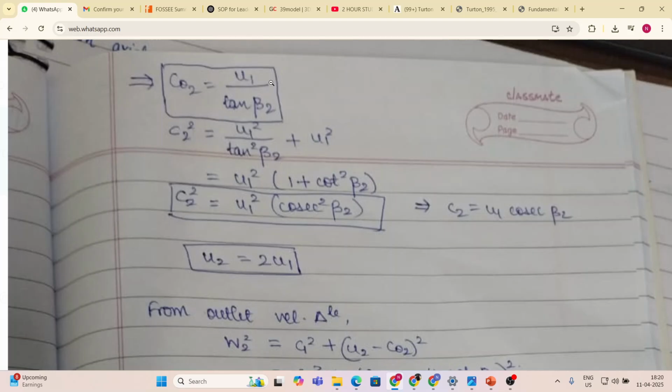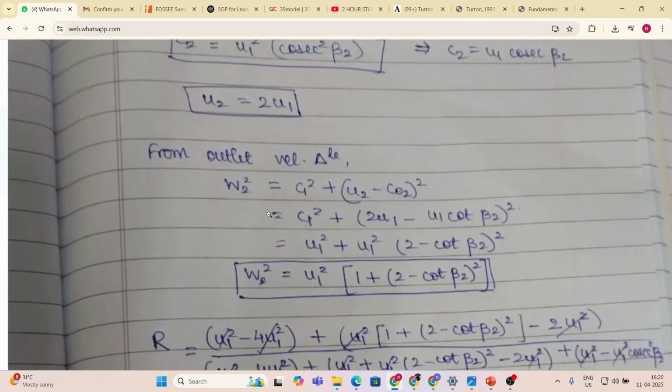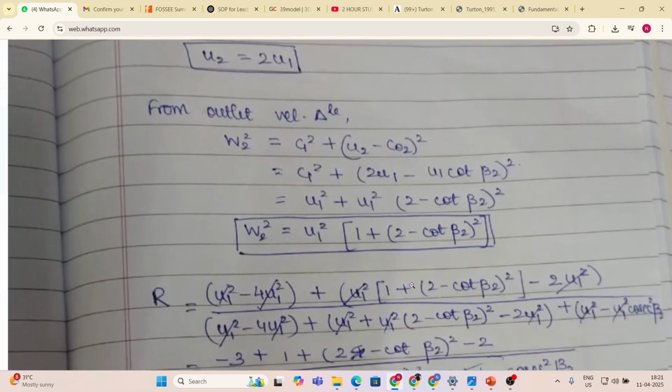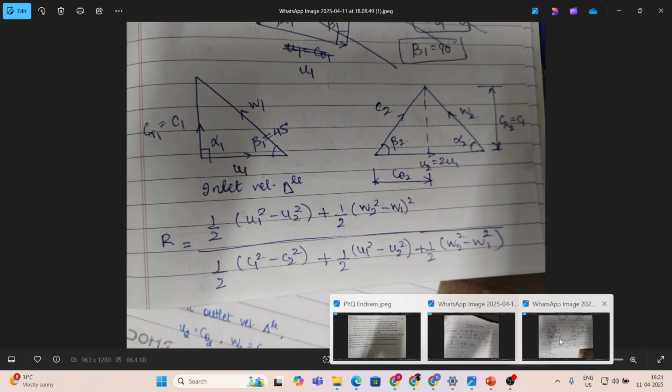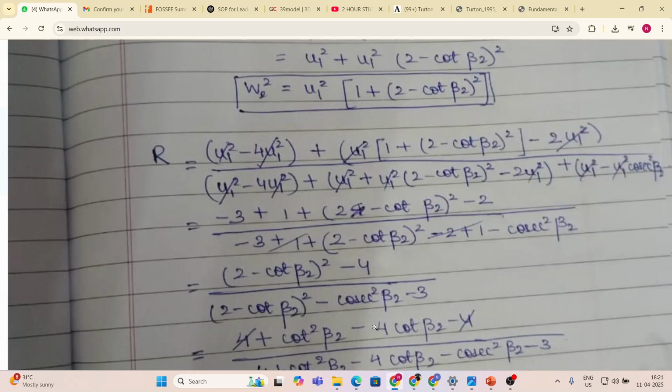Adding all that to C2 square, we get C2 square is equal to U1 square cosec square beta 2, so C2 is equal to U1 cosec beta 2. And U2 is equal to U1. From the outlet velocity triangle, W2 square is equal to perpendicular square plus base square.